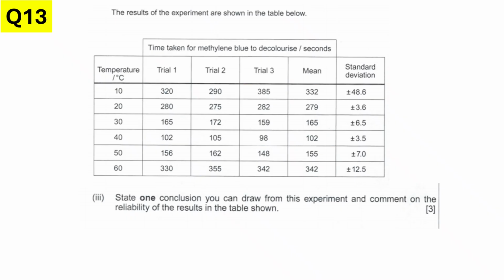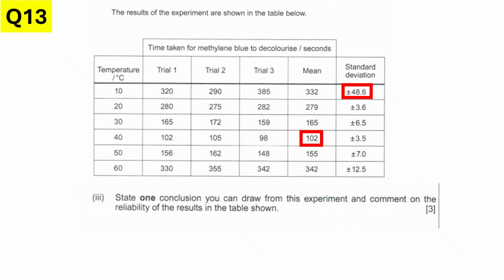So if you look at the trend of the mean values, hopefully you can see that 102 seconds is the lowest of the time points. That indicates that the methylene blue is being fully decolorized the fastest at 40 degrees C. So it suggests that 40 degrees C is the optimum for the dehydrogenase enzymes inside the mitochondria, for example, from the link reaction and the Krebs cycle.